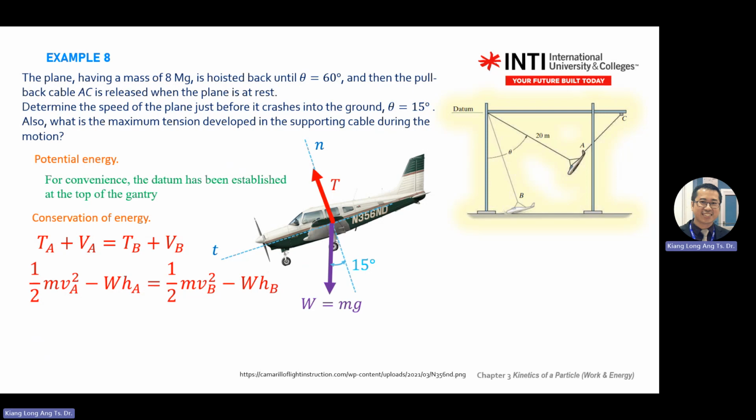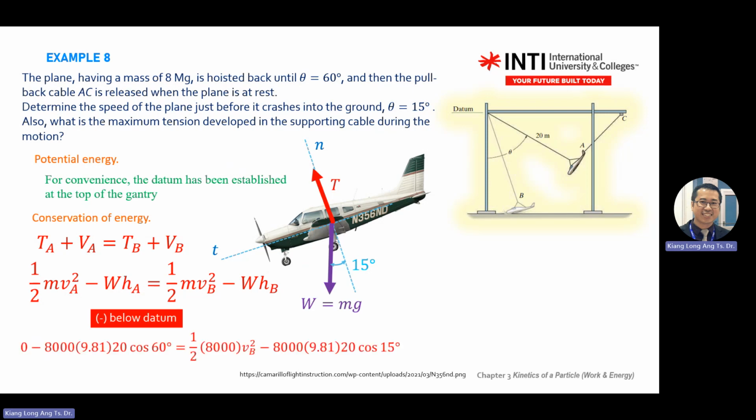So back to this solution, you substitute all the values. Before start, no velocity, so 0. The mgh, you substitute mg, and h is over here. This is your h: 20 cos 60. This is a triangle, this is theta, cos is the adjacent side over hypotenuse.